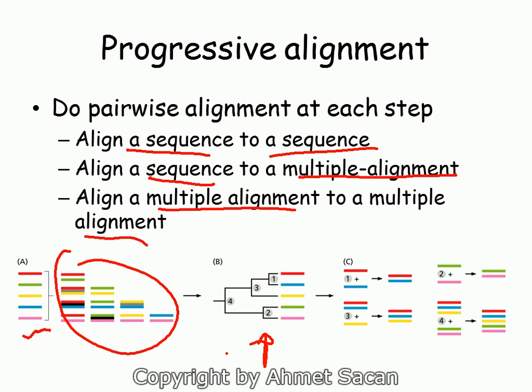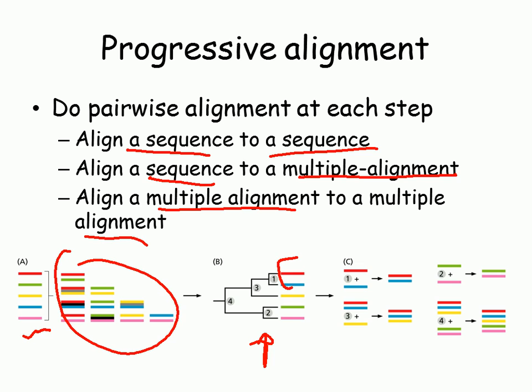The idea is to organize the sequences into their evolutionary history. So we are hoping that this tree represents the sequences of speciation and differentiation events in the evolution. And then we start from the bottom and go up.